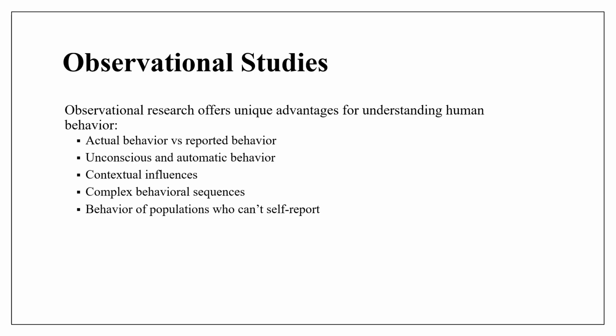So observational studies let us see how behavior actually happens when other things are also at play. And then it allows us to look at behavior of populations who can't self-report. So again, think about babies and kids or people with disabilities who are not able to fully communicate.